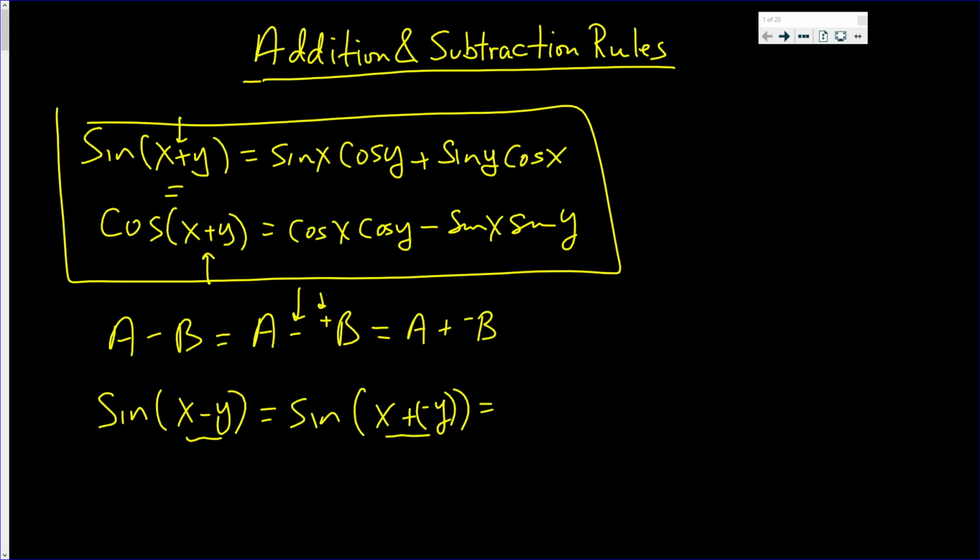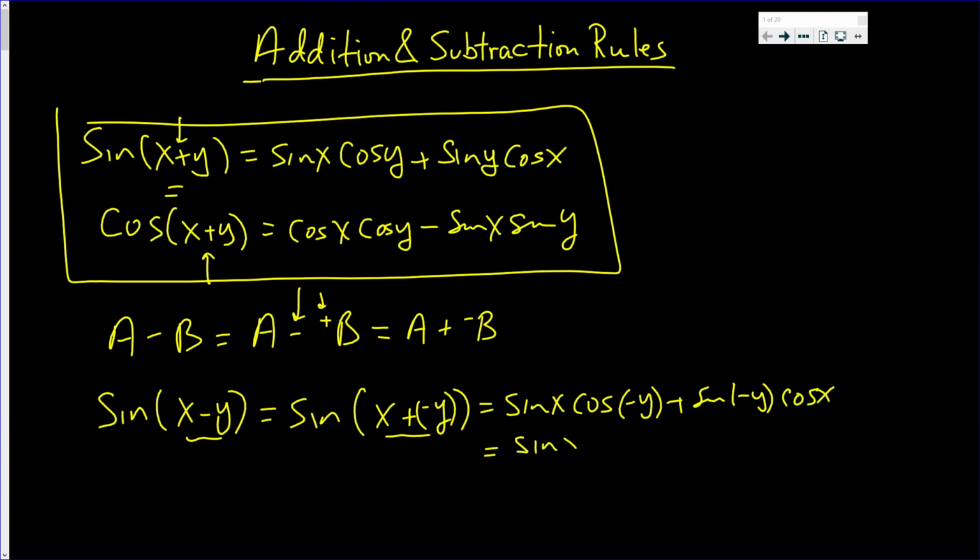So using the rule above, this is the sine of x, cosine of negative y, plus the sine of negative y times the cosine of x.